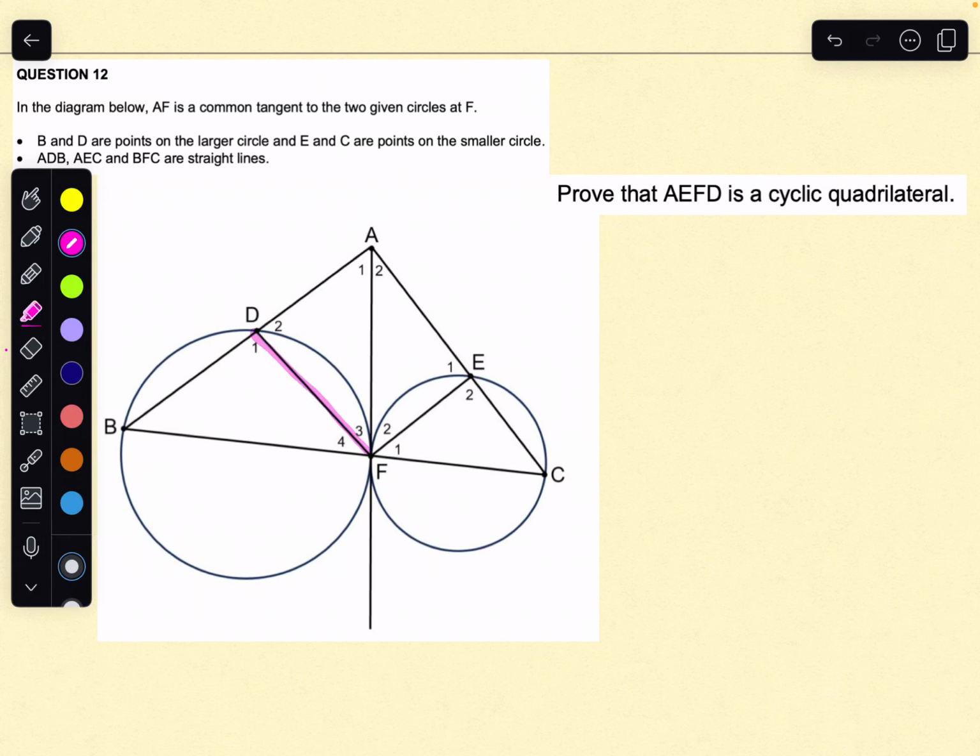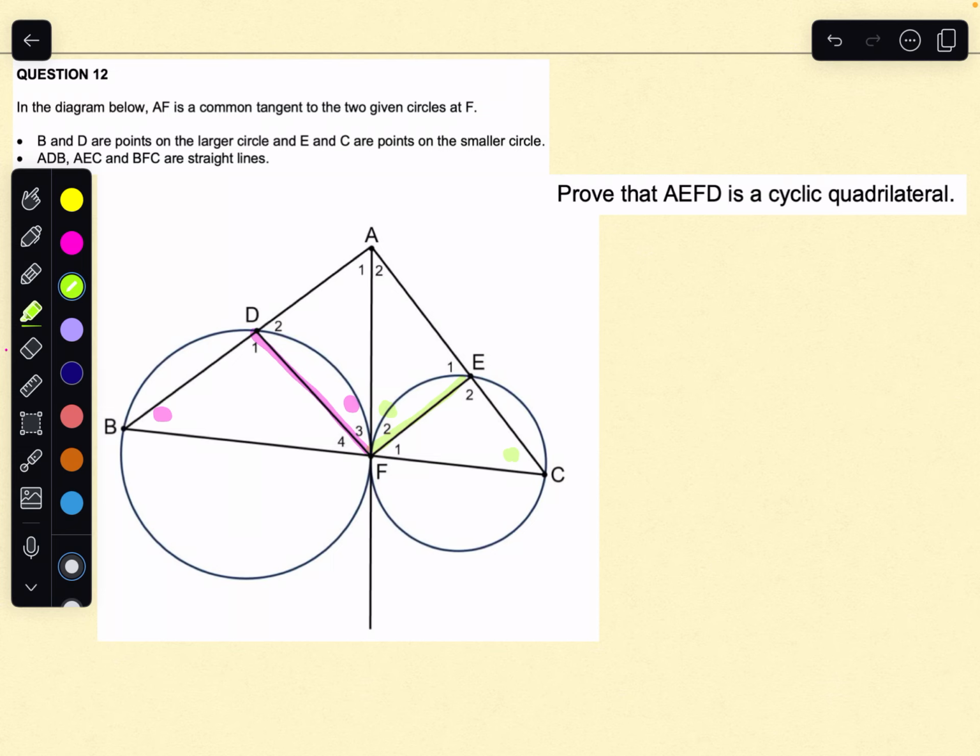If we look at the angle between the tangent and this chord, that's going to be equal to that guy, the angle that this chord subtends at the circumference in the alternate segment. So that's tan chord. And similarly on this side, if we look at this chord, the angle that it makes with the tangent is F2, and that is going to be equal to C.